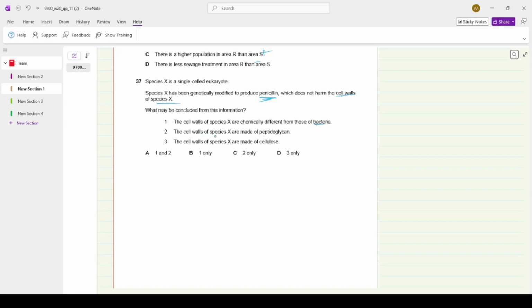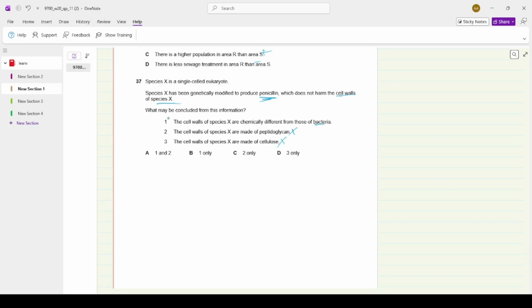2. The cell walls of species X are made of peptidoglycan. No, otherwise it will also be destroyed by the penicillin being produced. 3. The cell walls of species X are made of cellulose. There is no guarantee, we can't be sure. It can be made of any other thing, like chitin, apart from cellulose, which is for plants.